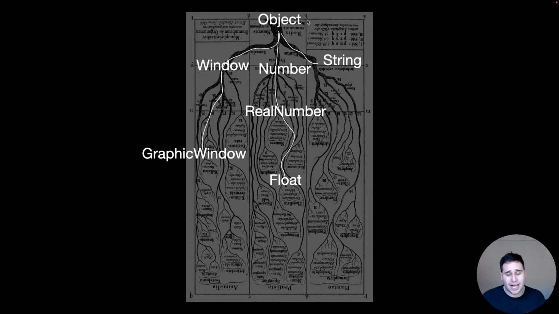Then you've got subclasses that spawn off it. For example, you could have a number. What types of numbers can you have? You could have real numbers, and a float would be a type of real number, or you could have an integer that comes off another path. So the integer class may be a type of number, which is, of course, a type of object, and a string could be a type of object. Or you could have something completely different, like a window, which is a different type of object.